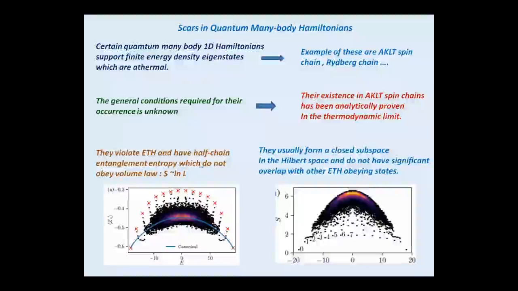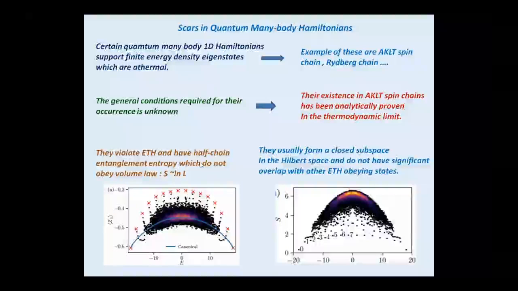Now, typically, if you take one such eigenstate and you construct a density matrix out of this by taking the outer product of the eigenstates, and then construct the half chain density matrix, which means that after having constructed the density matrix and calculating its matrix elements in position space, you throw out those elements which are there in one half of the chain and construct the resultant density matrix.